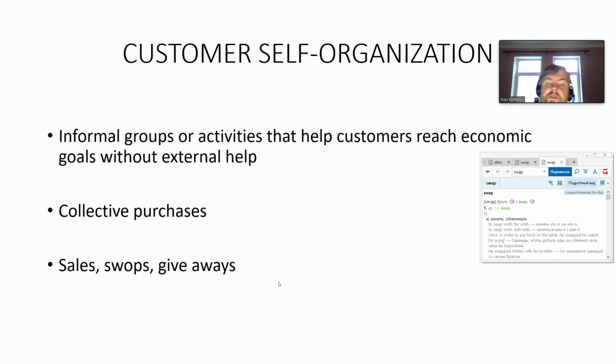Excellent. So in this case, you organize sales of products you don't need. You can organize swaps. Again, among ladies, as I know, clothes swaps are very popular, at least when I had information about it 5, 6 years ago. And giveaways.